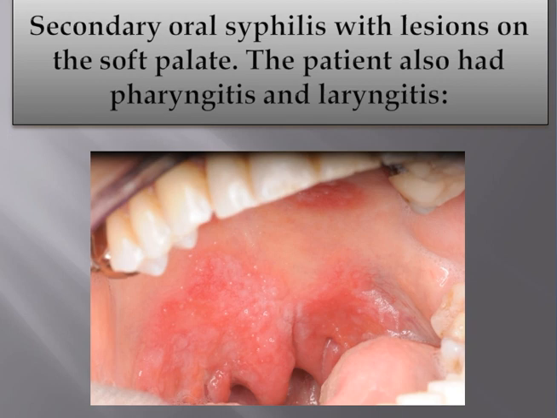So the lesions of the oral cavity, and we can see some non-specific rash in the oral cavity, and it can be misdiagnosed, for example, with angina or simple virus pharyngitis and laryngitis.